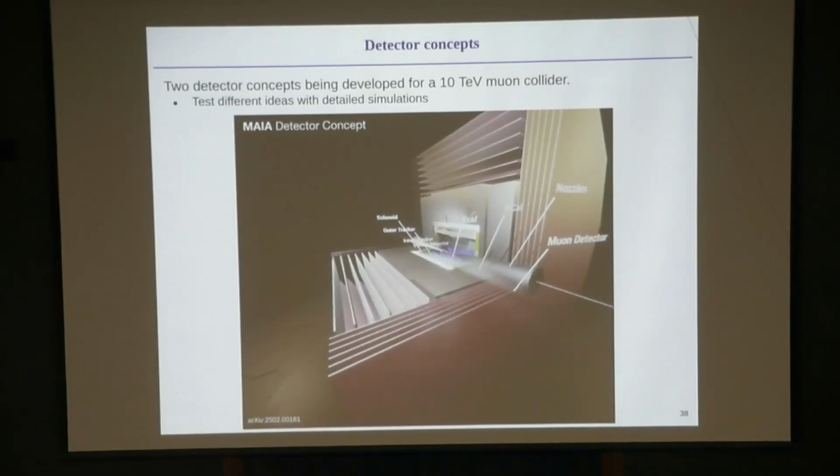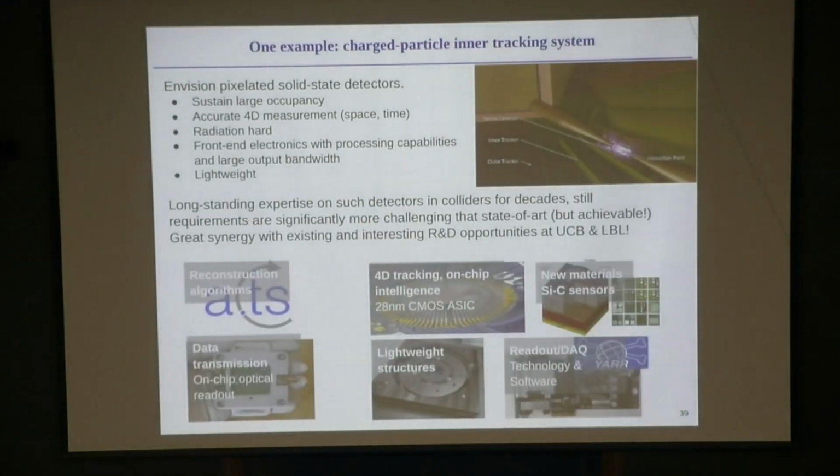So we have a conceptual design of this, but it's a talk by itself about what it entails to do that. I wanted just to mention one example, which is the innermost part of this type of instrumentation.